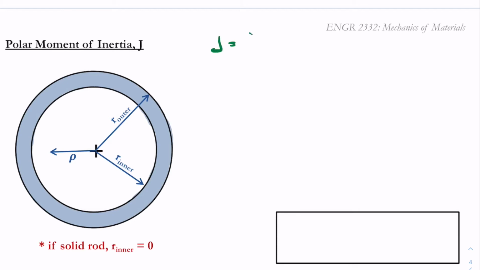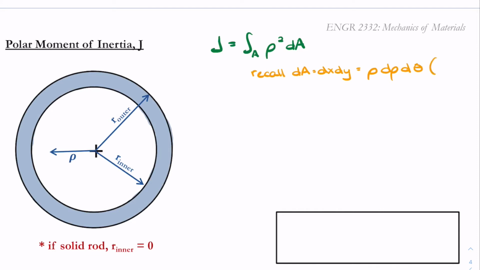So remember, J is the area integral of rho squared dA. Once we do this, we'll have a formula that we'll be able to use for all circular rods, so we won't have to do this area integral each time. But it's good to know where the formula originates from. In doing this area integral, recall that dA equals dx dy in a rectangular coordinate system.